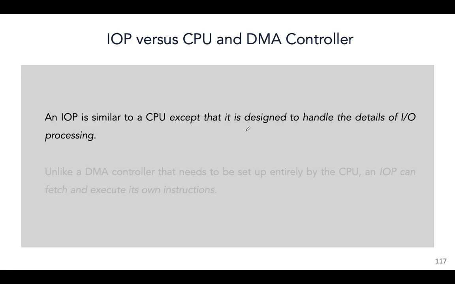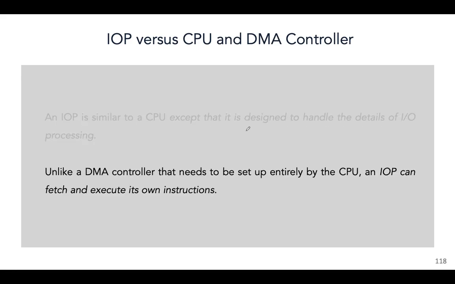Right? And now the difference between IOP and a DMA controller, because again we mentioned that IOP has DMA capabilities. So what separates an IOP from a DMA controller? Unlike a DMA controller that needs to be set up entirely by the CPU, an IOP can fetch and execute its own instructions, and this is how a DMA controller is different from IOP. You might recall that a DMA controller, although it allows direct access of memory, needs to be initialized by the CPU.